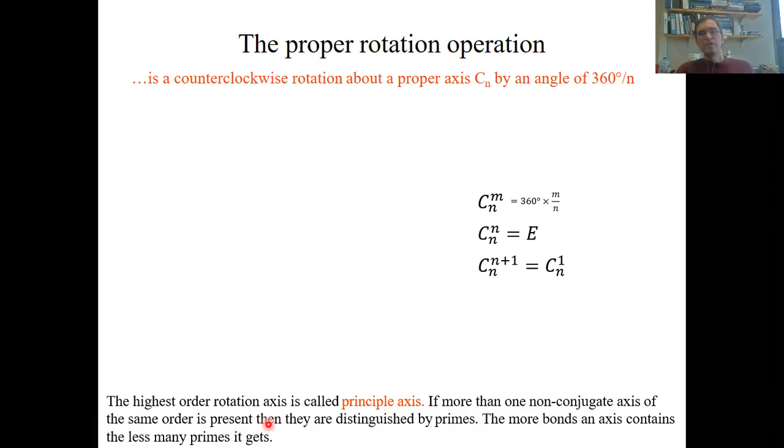We will learn about when a symmetry operation is conjugate and when it is not in more detail later, but generally you can say that when two symmetry elements perform an equivalent or similar symmetry operation, then they are conjugate, and if they don't, then they are not conjugate.